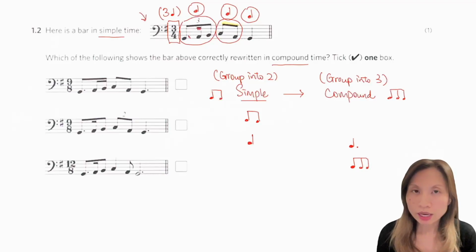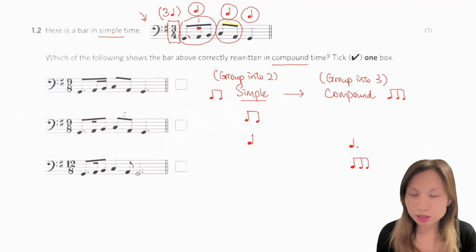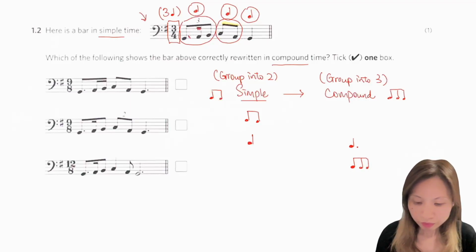For example, here in the original rhythm, that triplet consists of a dotted quaver, a semiquaver, and a quaver. So when you change it to compound time, it has to sound exactly the same. So it will still be a dotted quaver, a semiquaver, and a quaver. You cannot change the rhythm into something else, okay? You have to keep it exactly the same.